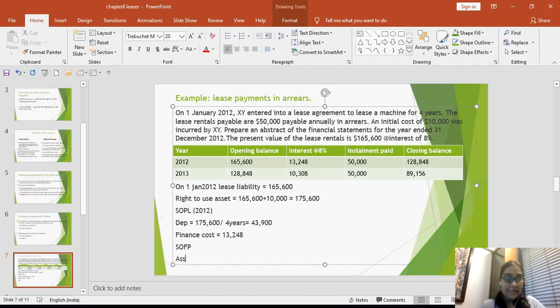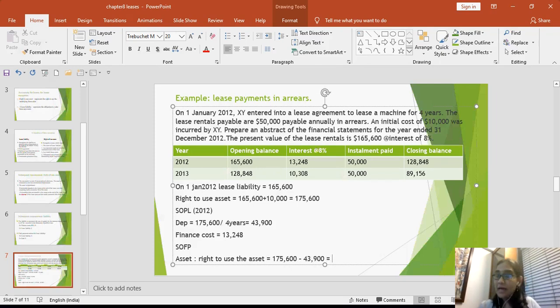Now, on the asset side, we will have the right-of-use asset, where the cost is 1,75,600 minus accumulated depreciation of 43,900.